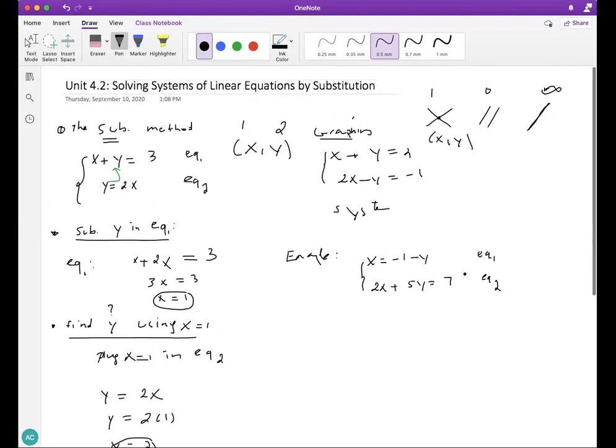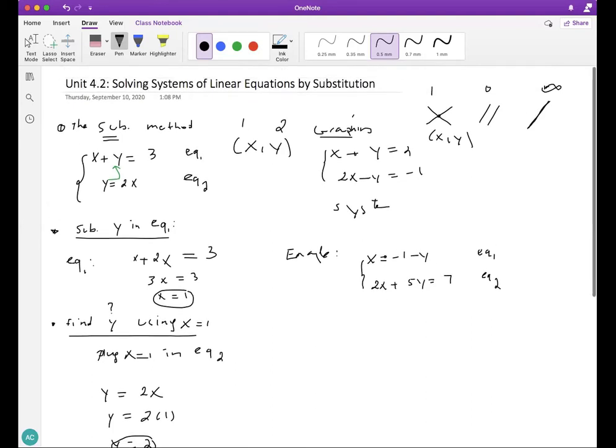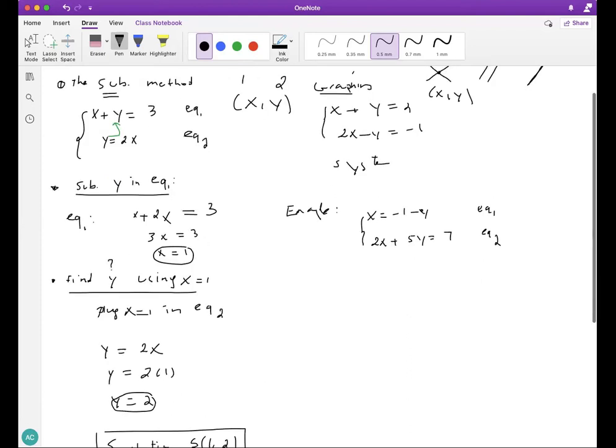So what do you do first to solve this by substitution? We try to follow the same steps here. So what do you plug and where? Which variable needs to be substituted in this system?